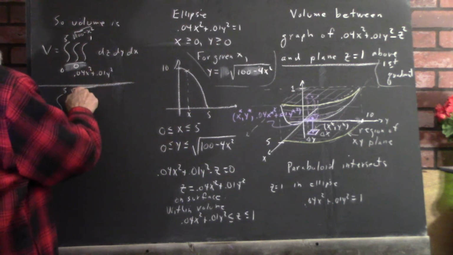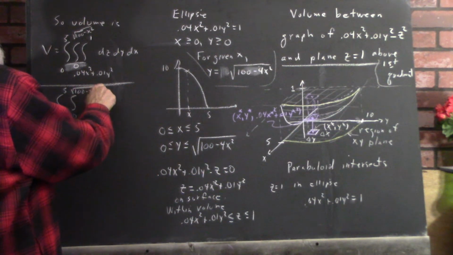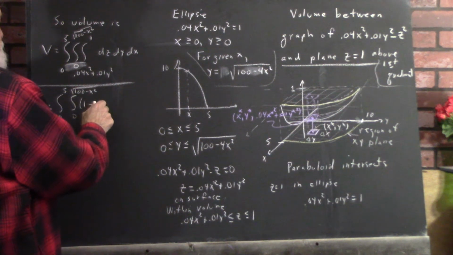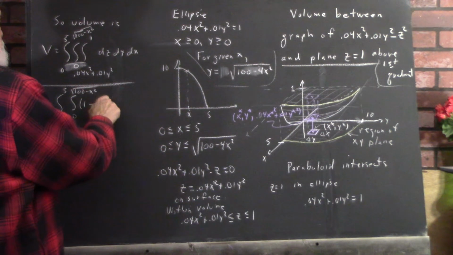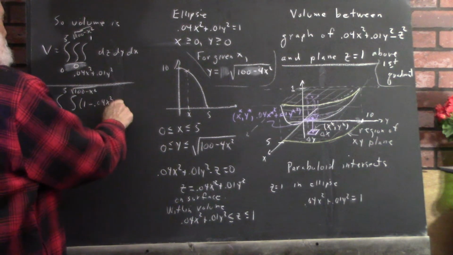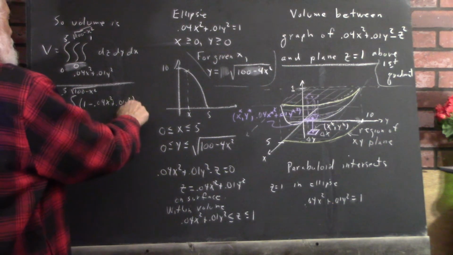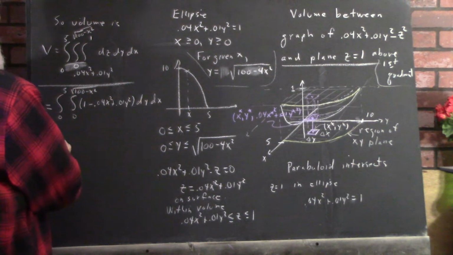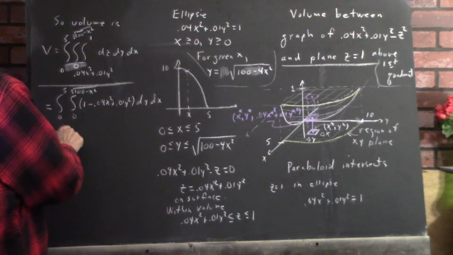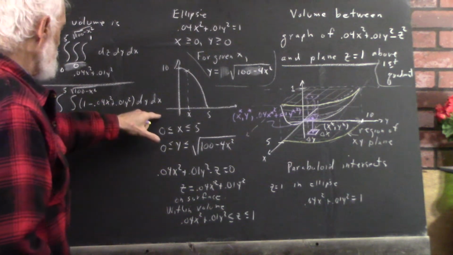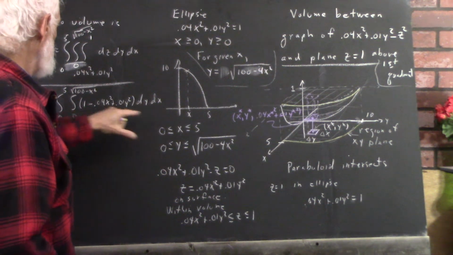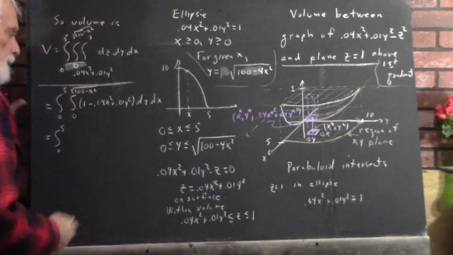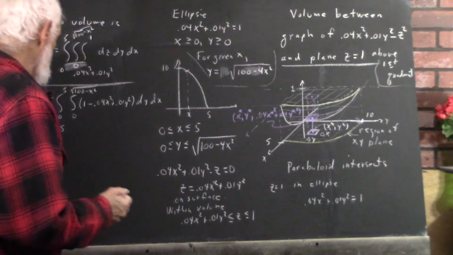Said I wasn't going to, but I better do at least this much. Okay, so there's the result of integrating with respect to z. I'm not going to go through the details of that.